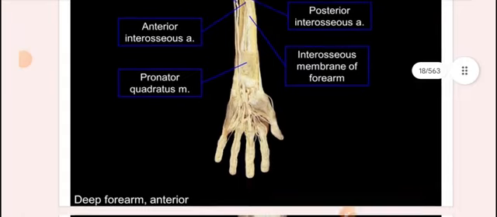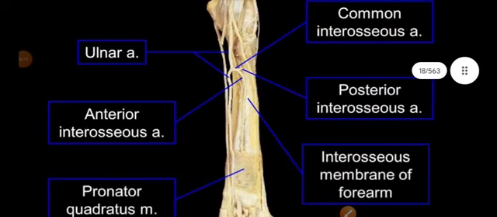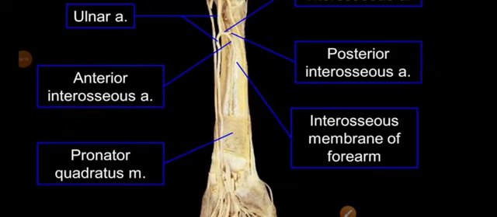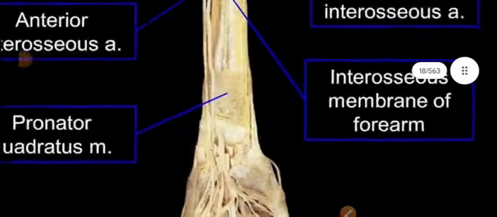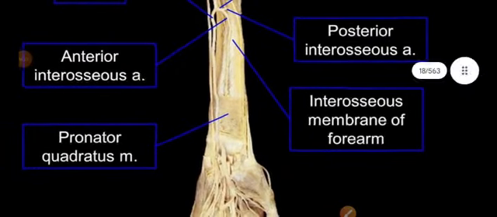Now the next is the deep forearm anteriorly. Ulnar artery we can see, and common interosseous artery, posterior interosseous artery, anterior interosseous artery, pronator quadratus muscle, interosseous membrane of forearm.